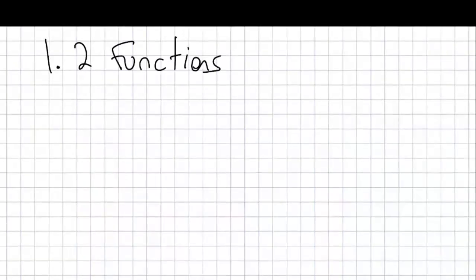The 1.2 functions. So remember, any function is a relation.